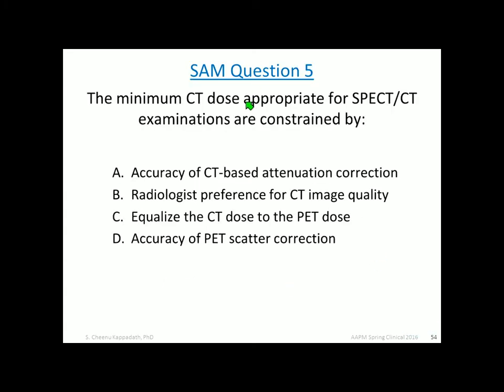So the minimum CT dose appropriate for a SPECT-CT scan is constrained by which of the following? Is it the accuracy of CT-based attenuation correction, radiologist's preference for CT image quality, equalizing the CT dose to the, sorry, SPECT dose here, or accuracy of SPECT scatter correction? So which of these drive the CT image quality?